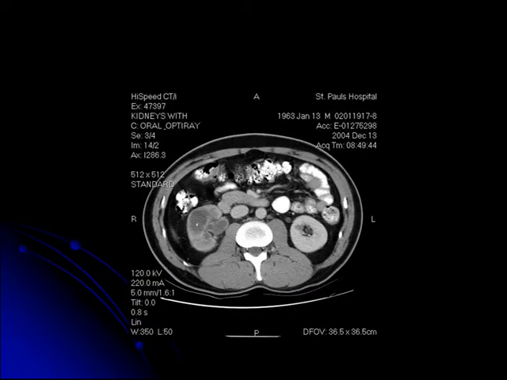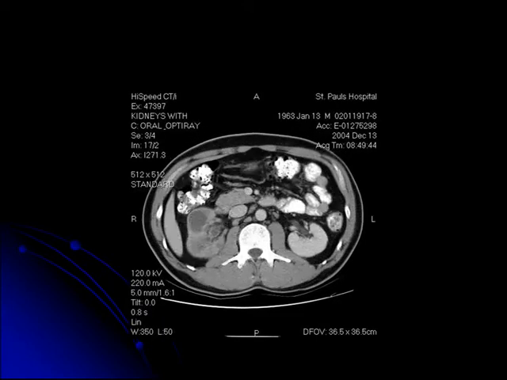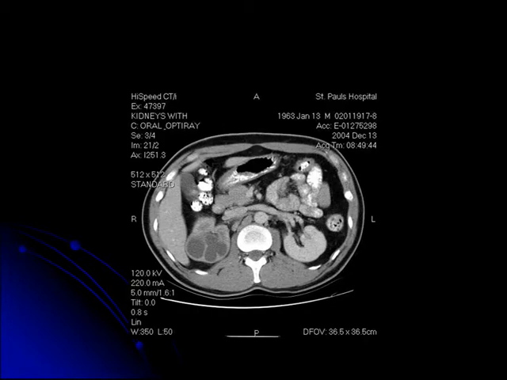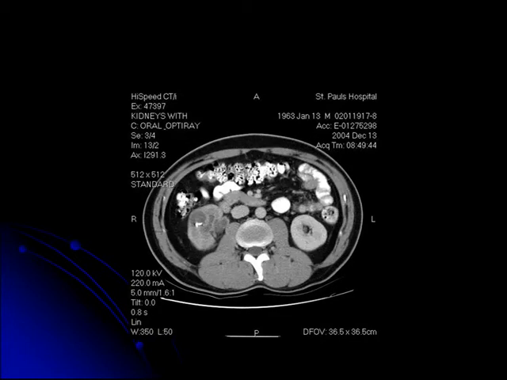This is what he looks like now. This is what the kidney looks like now. Contrast film: multiple dilated calyces with what appear to be infundibular stenoses. I don't know what you think. I don't have all the cuts here.